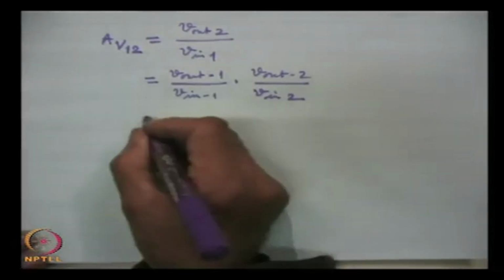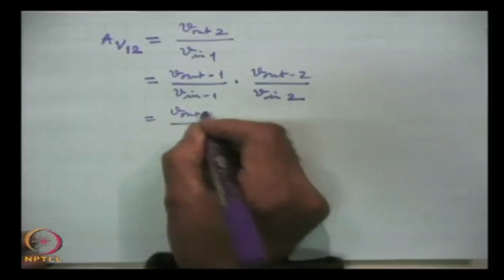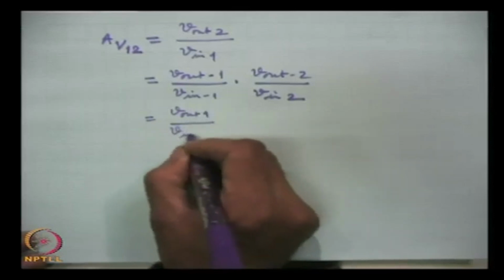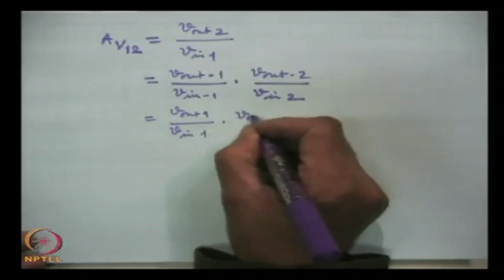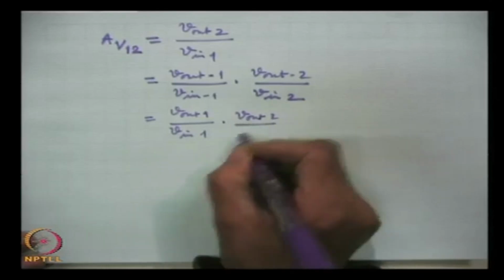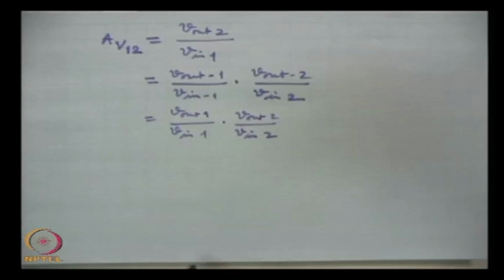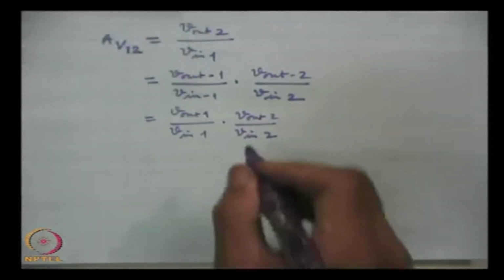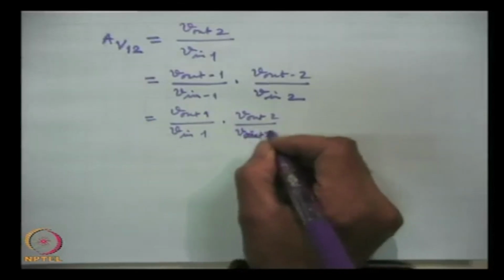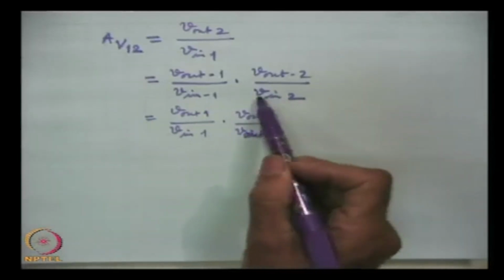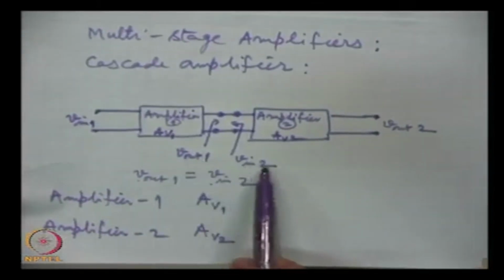So, this is further V out 1 by V in 1 and this is V out 2 by V in 2, because V out 1 is equal to V in 2.